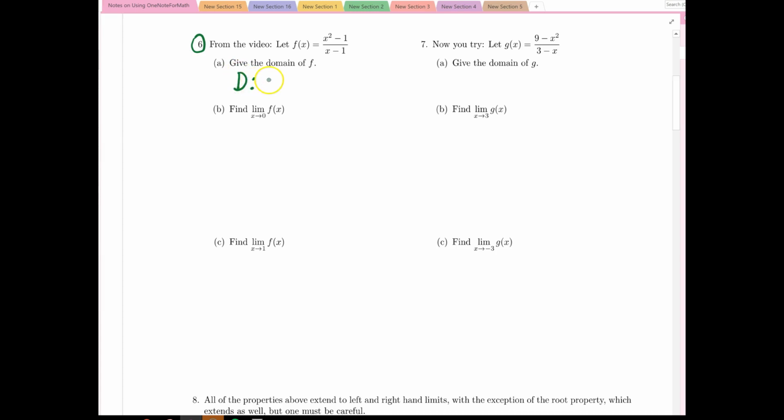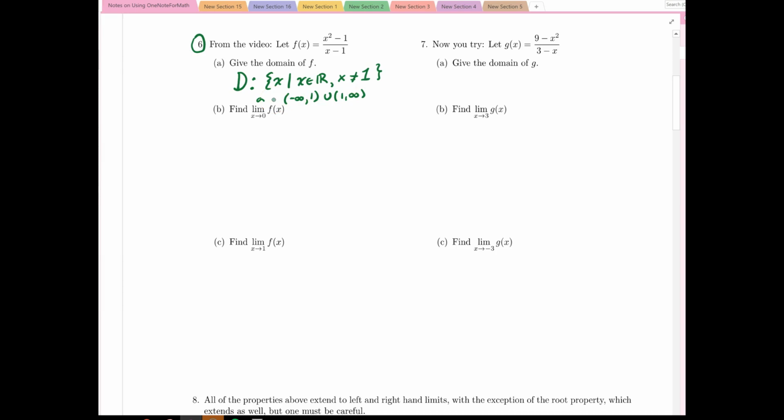So hopefully we've seen that the domain is the set of all numbers x such that x could be any real number except that x cannot equal 1. That's the domain in set builder notation, or in interval notation, it would go from minus infinity to 1, unioned with 1 to infinity. So you can give the domain either way.